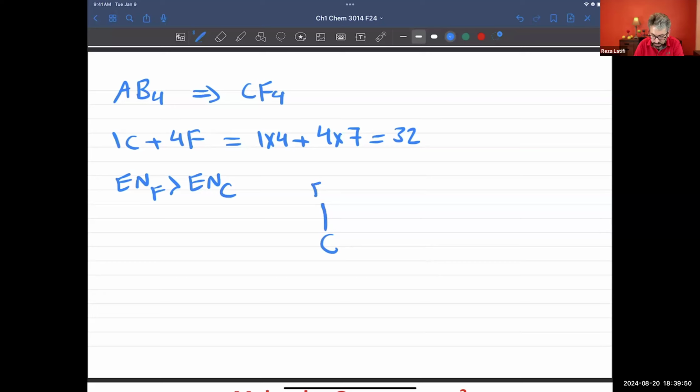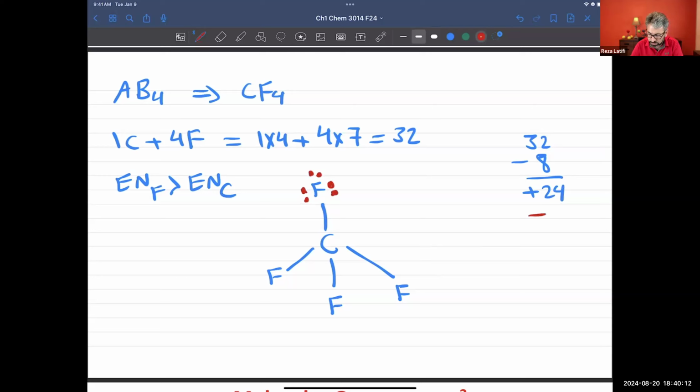I go 1 fluorine, 2, 3, and that's going to be the fourth one. So out of 32, I used 8 electrons plus 24 electrons. What do I do with them? I'm going to give each fluorine 6 electrons. Repeat this one 4 times.